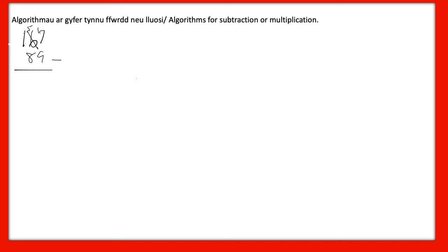And 17 take away 9 will give me 8, no real problem. And I've got 5, I've got to take 8 away from it, I can't do that, I'll make that a 0, make that 15, and hence I get 78. I think I'm quite comfortable that I've got that correct, no guarantee though.